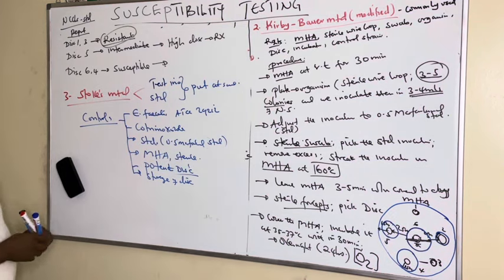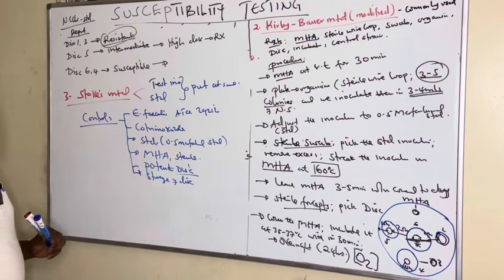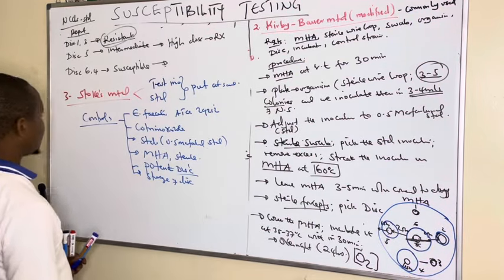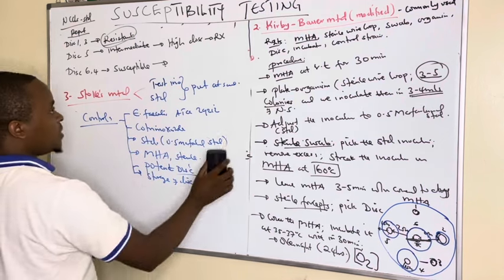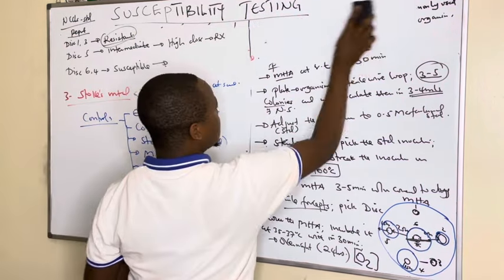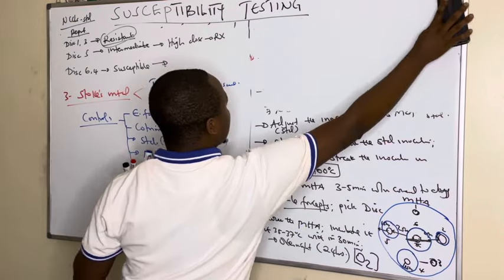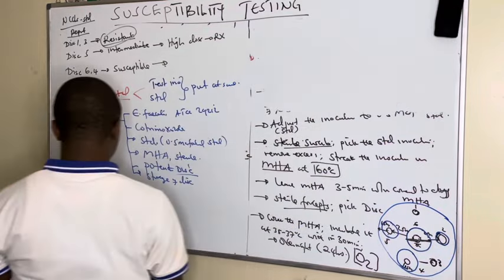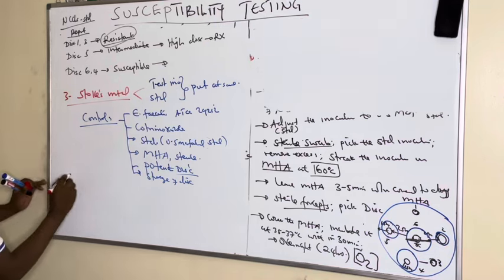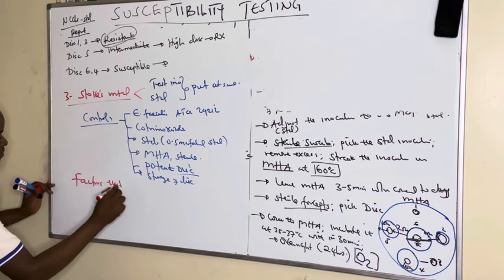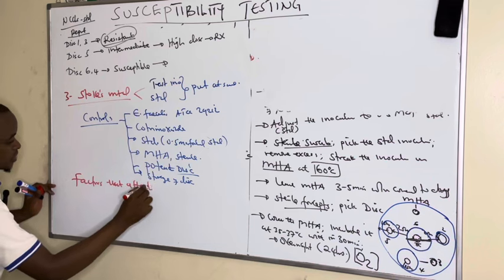doing these susceptibility methods. And I want to end by looking at the factors that affect susceptibility testing. Lastly is to look at the factors that affect antimicrobial sensitivity testing. Factors that affect this are commonly asked in exams.